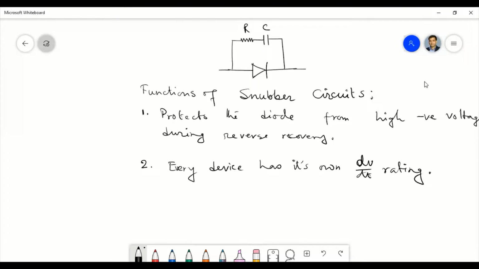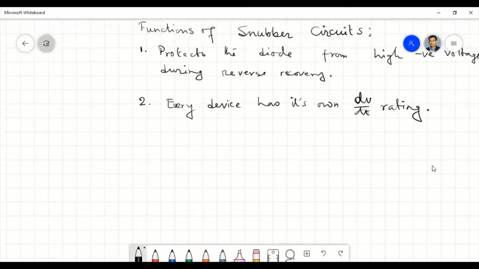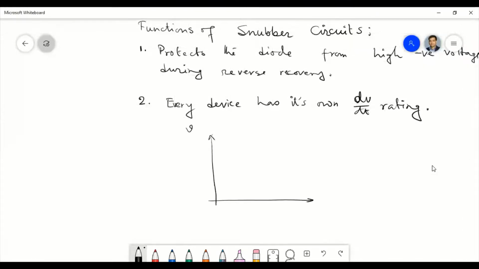Okay, so what happens if there is a high change in voltage across this particular device? Suddenly that device can be damaged. So let me draw this. Suppose this is the voltage across this device and this is the time.